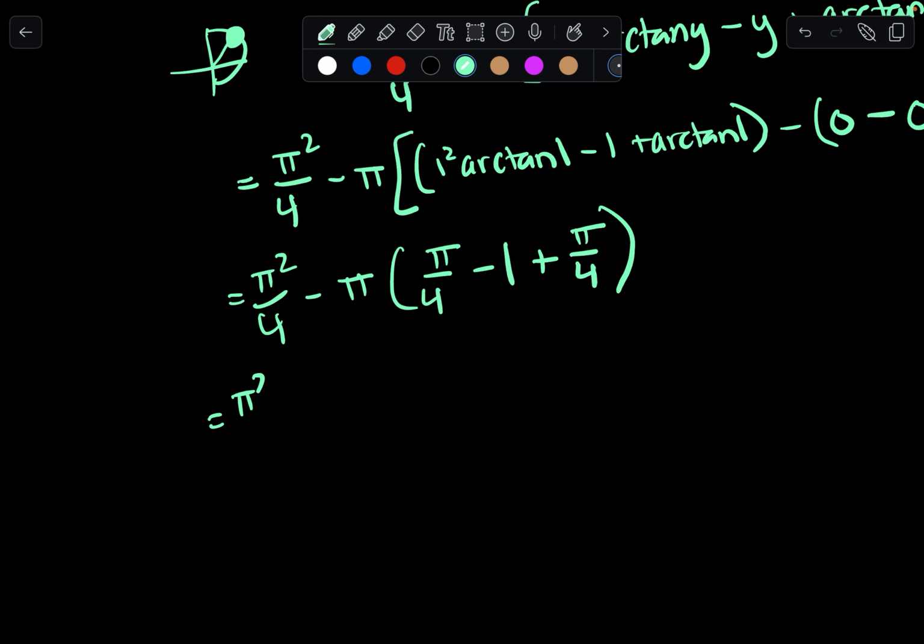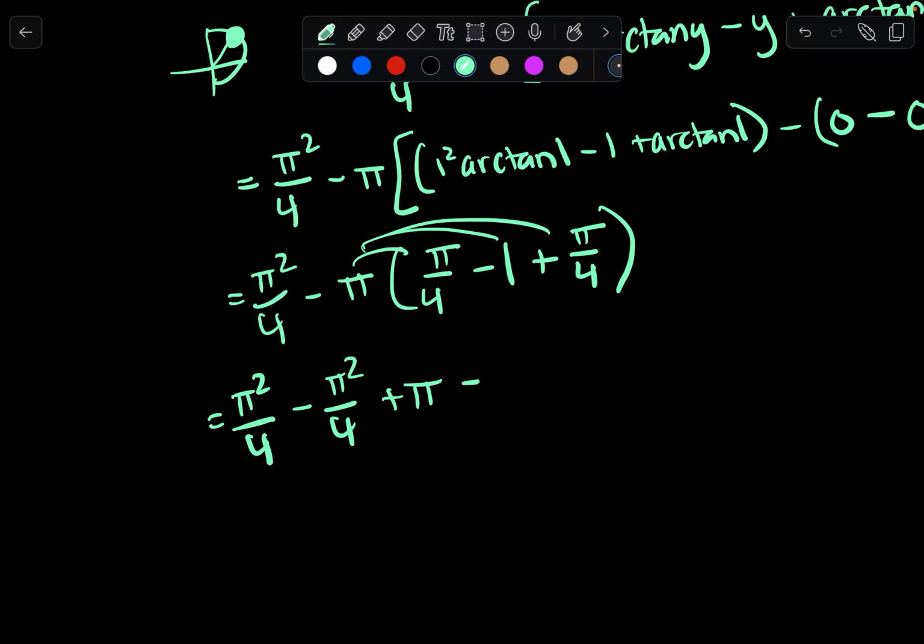Okay. Just to see if it aligns, I solved it differently than last year, so I'm going to see. Let's see, pi squared. If we distribute the pi, we get minus pi squared over 4 plus pi. And then, hold on.